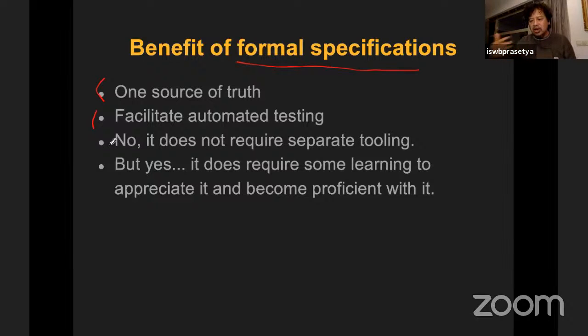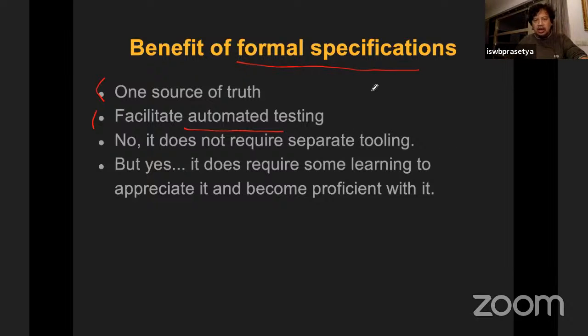Because then you need to test your programs and you have a reference of what correct means. And if you go for automated testing, you typically generate a lot of tests, and it is very practical if we have specifications, so you do not have to write the expected output one by one. That's very useful.